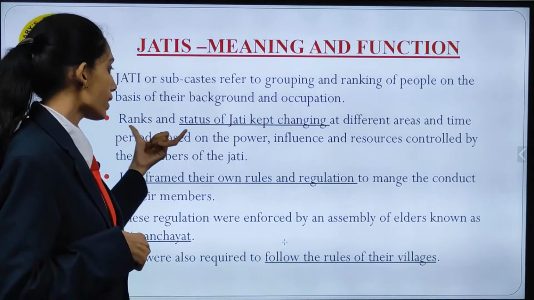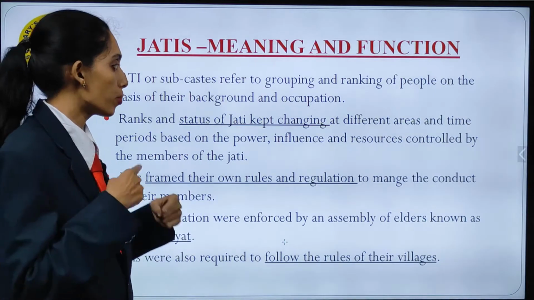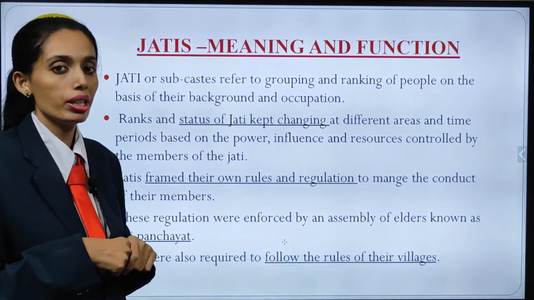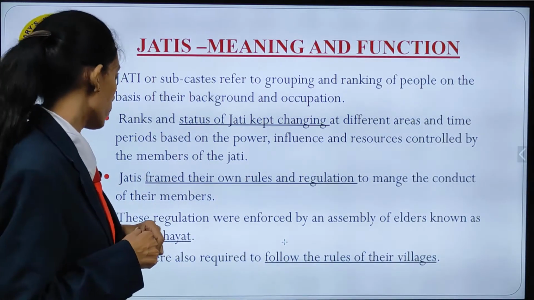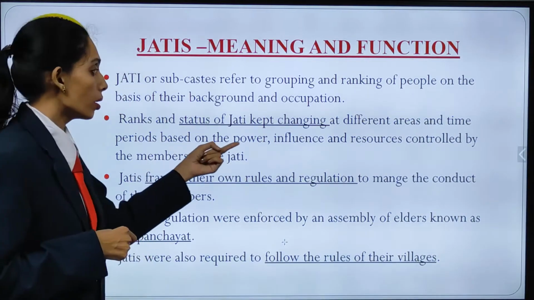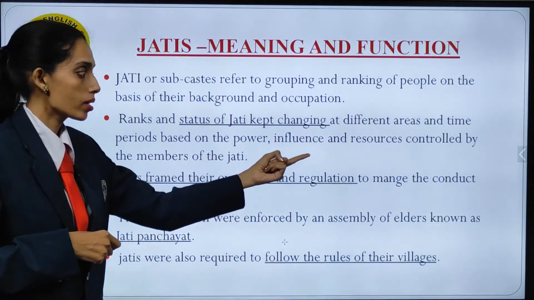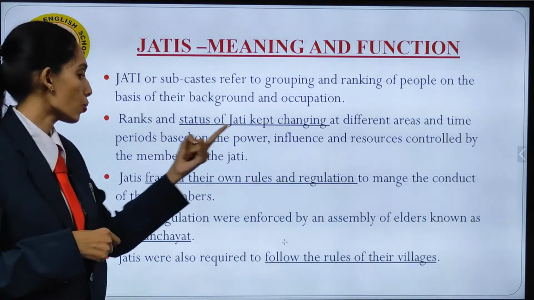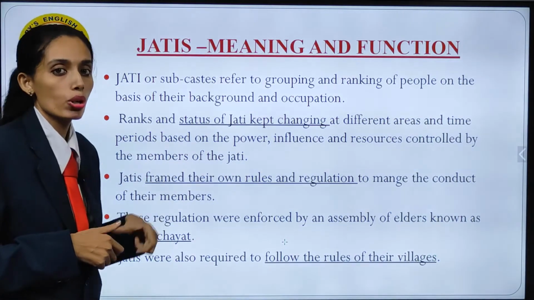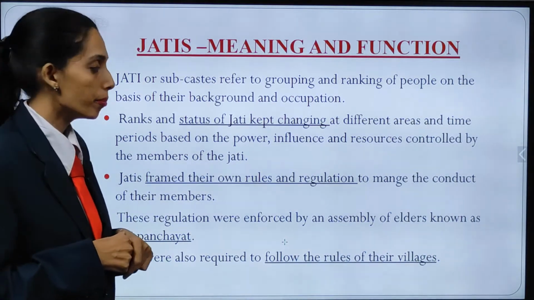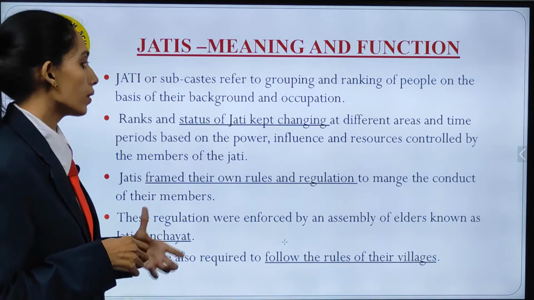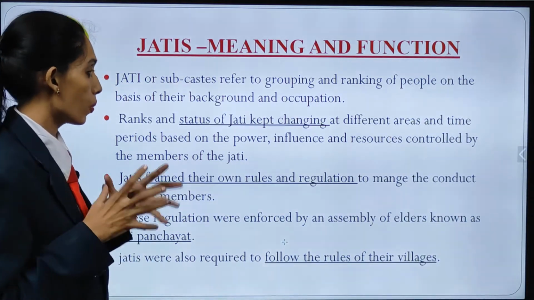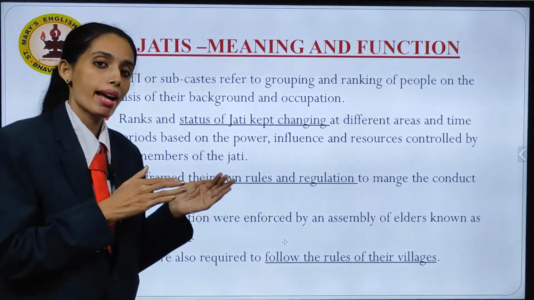Second point, the ranks and status of a jati kept on changing in different areas and time periods based on the power, influence, and resources controlled by the members of the jati. There were leaders, and whatever they told, the members had to follow.